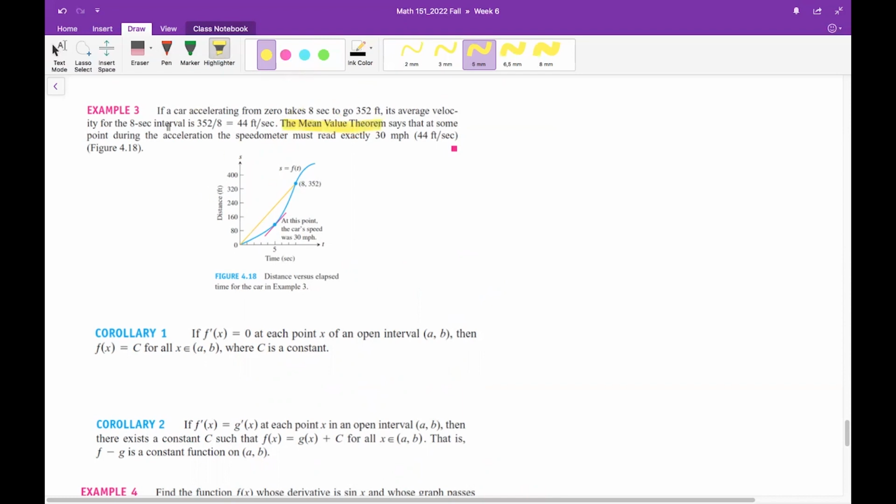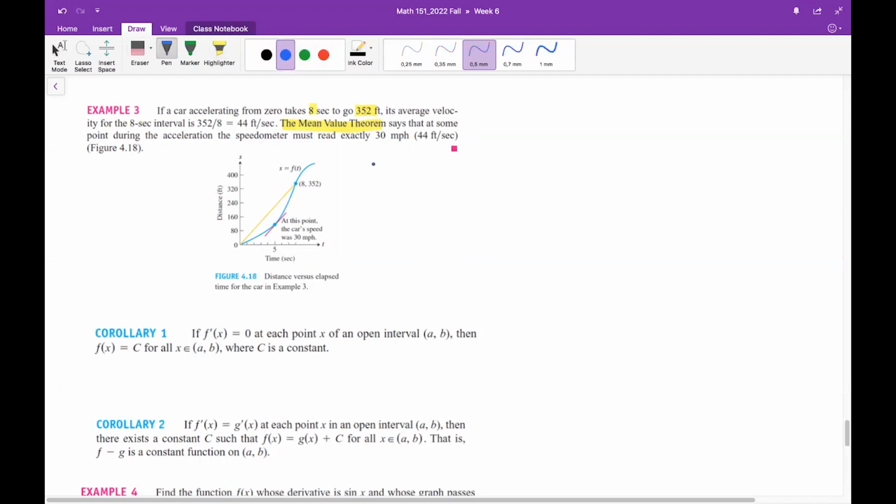So in this example, there is a car accelerating, and this graph gives you the position of that car. If a car accelerating from 0 takes 8 seconds to go this much feet, its average velocity over this 8-second interval is what? Let's try to find this out first.